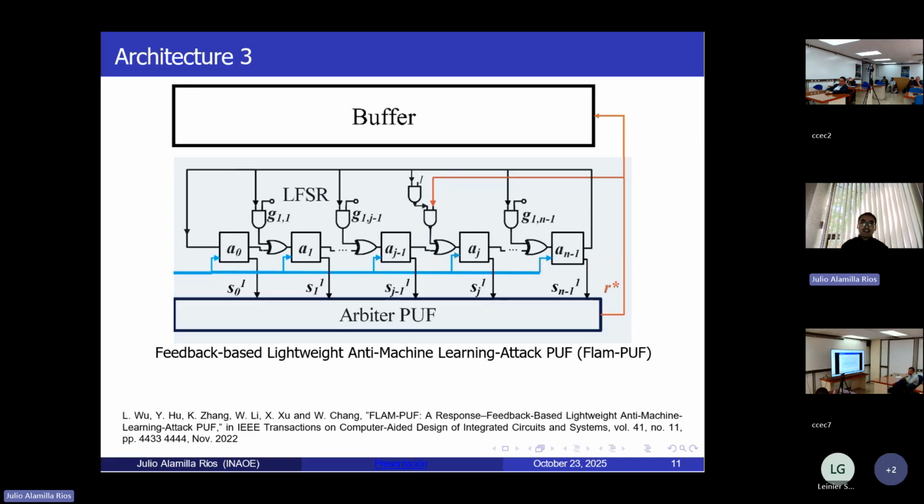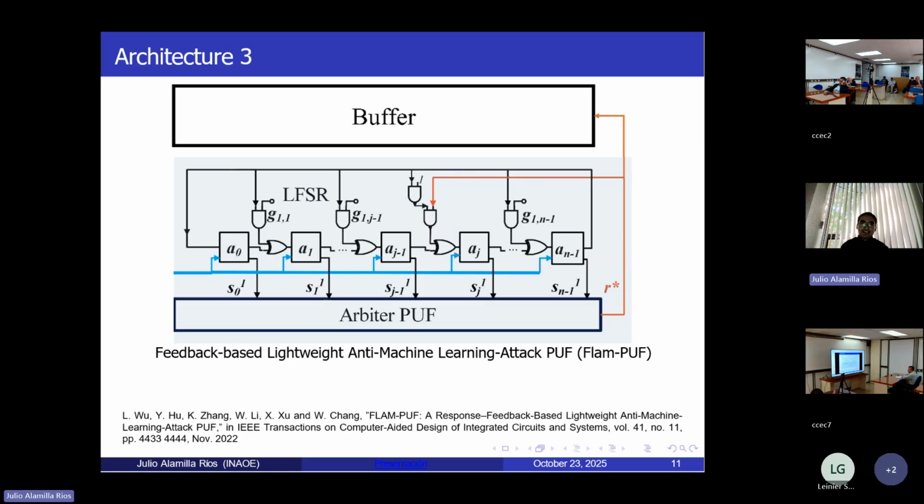The first is challenge obfuscation, where the LFSR dynamically transforms the original challenge into a variable sequence of new challenges for the PUF. The second phase involves response feedback, where each output bit of the arbiter PUF, or A PUF, randomly modifies the feedback polynomial coefficients of the LFSR.